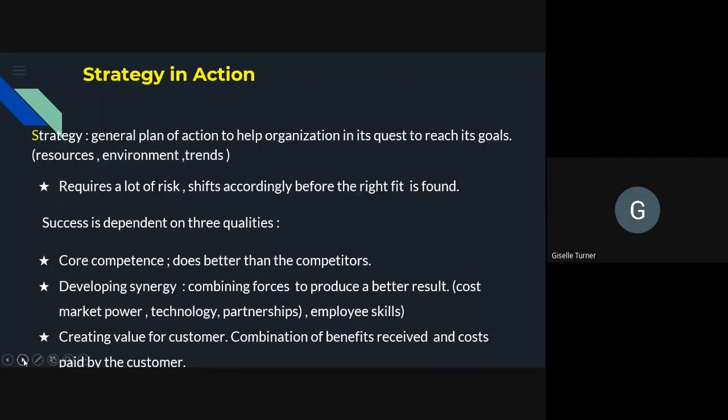So, a strategy is a general plan of action to help organizations in their quest to reach their goals, and you would have to use resources, the environment, and trends in order to come up with your strategy. It sometimes requires a lot of risk, and it will shift accordingly until the right fit is found.